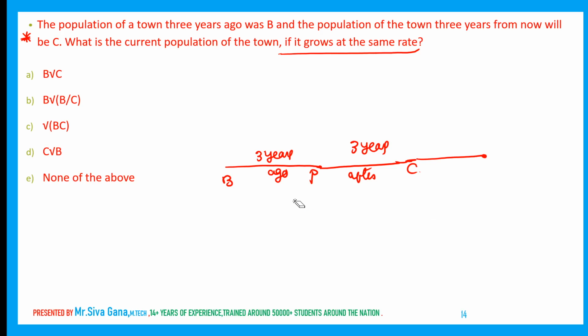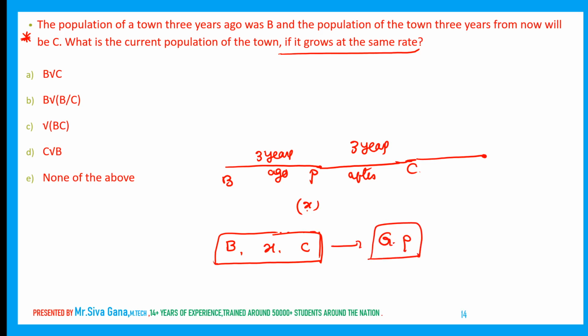Since it is growing at the same rate, let us say the present population is X. Then 3 years ago the population is B, present is X, after 3 years is C. Since the population is growing at the same rate, these three terms are definitely in geometric progression.